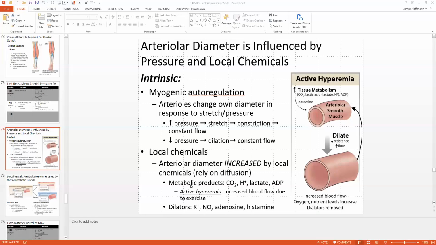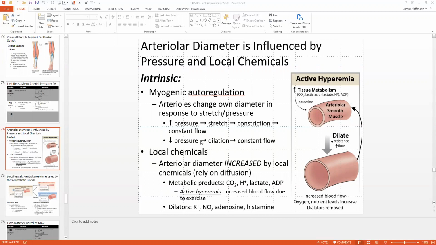So for the myogenic mechanism, if we increase pressure, what we're trying to do is maintain a constant flow.